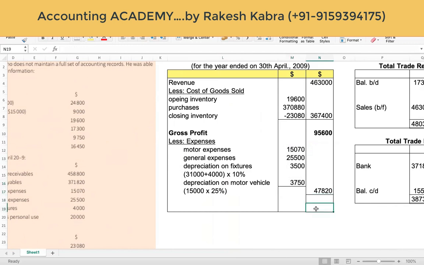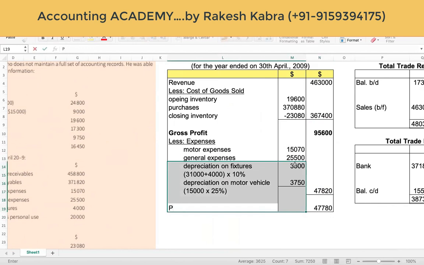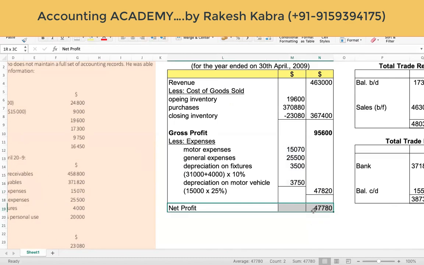Now what should I do to get net profit? From gross profit, I will subtract this total of the expenses. So I got net profit. Okay.